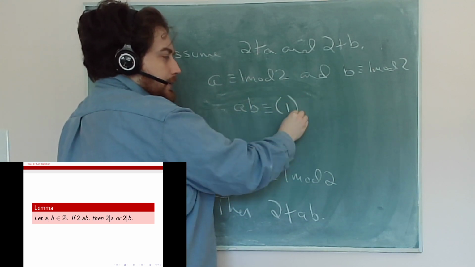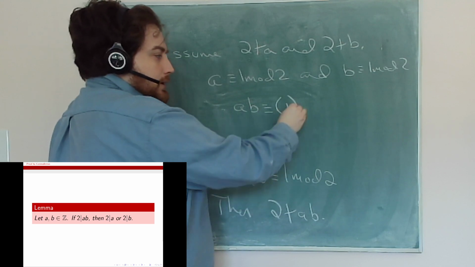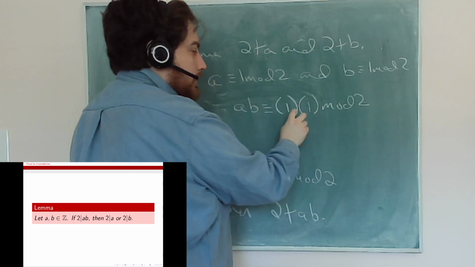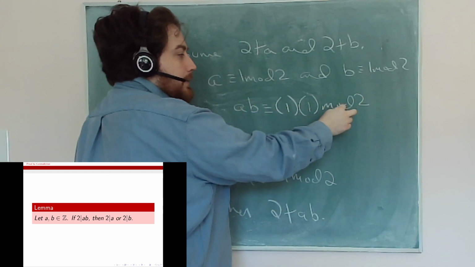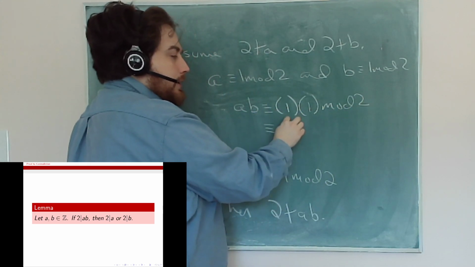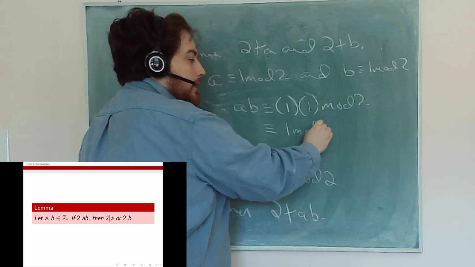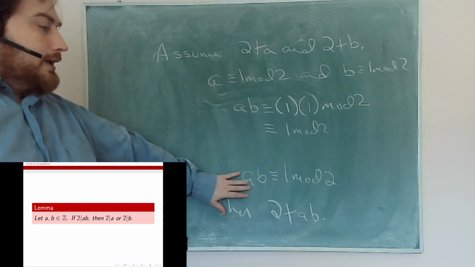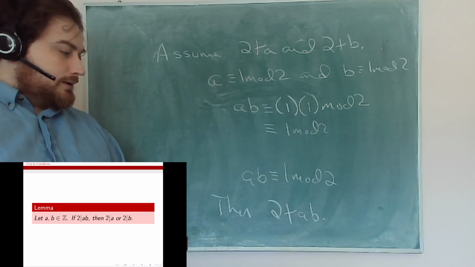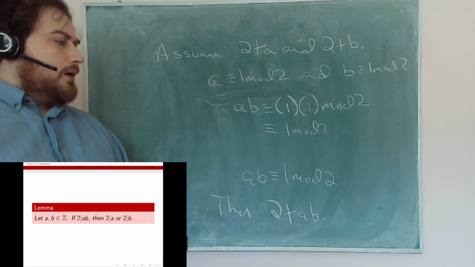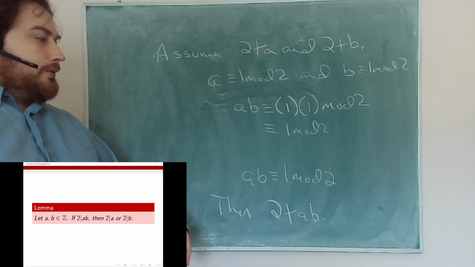So A is congruent to 1, so I can just put in 1. B is congruent to 1, so I can put in 1. So I get A times B is congruent to 1 times 1 mod 2, which is just 1, so I get 1 mod 2. Hence, A times B is congruent to 1 mod 2. Hence, 2 does not divide AB. So here's my proof, and that follows.